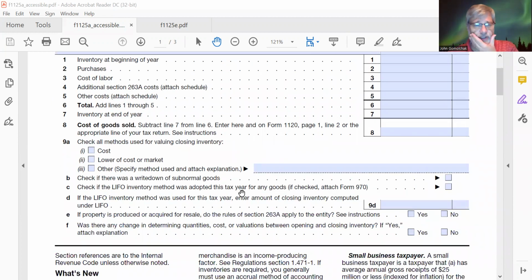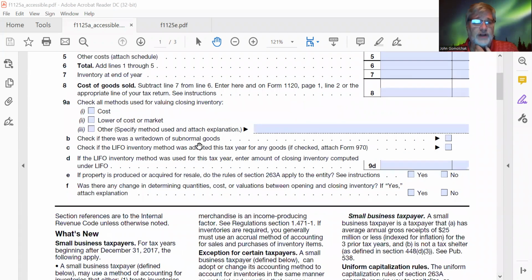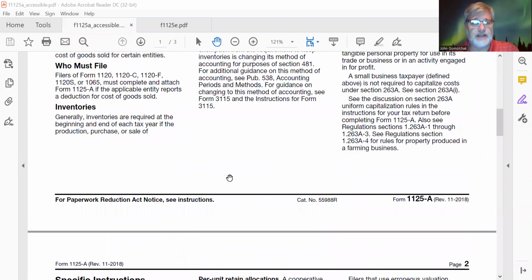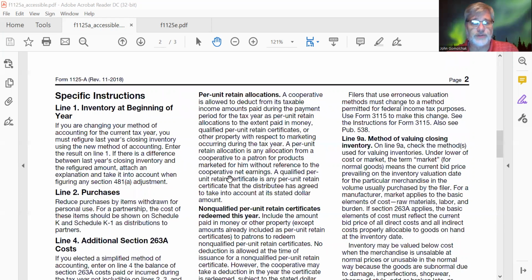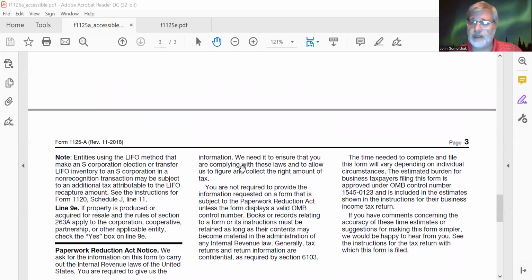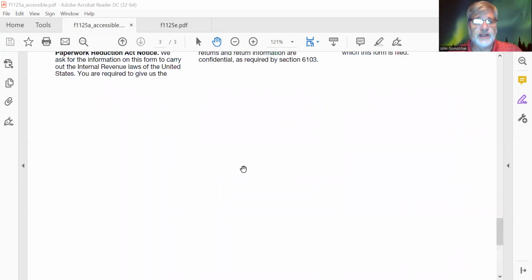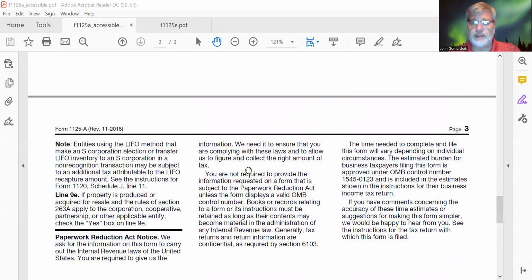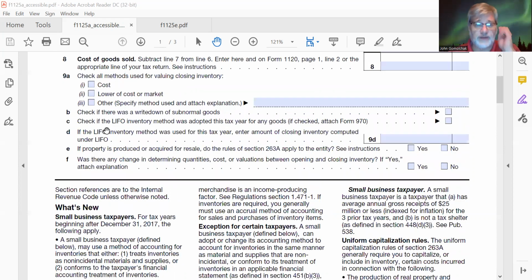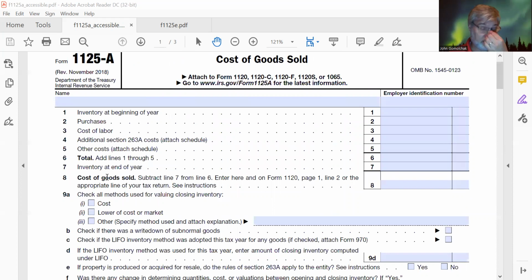So realistically, we have information that we need to fill out, but it's not a very long form. And the actual instructions are right here as part of the form. So there's not a separate instructions document that the IRS requires you to read. It's right connected to the form. And of course, you do have the information for the descriptors on the form itself.